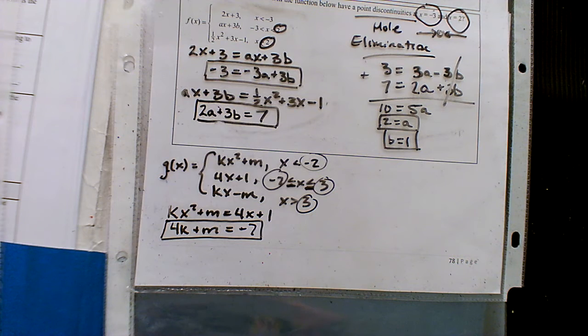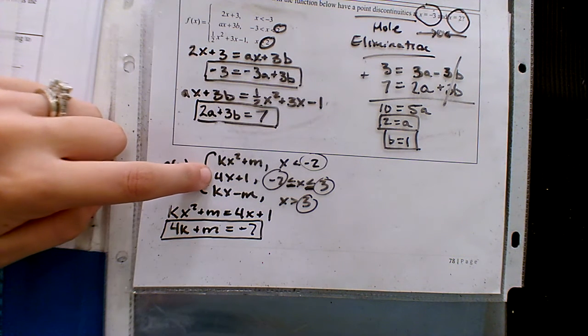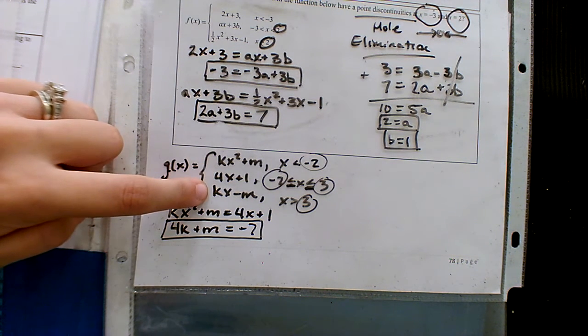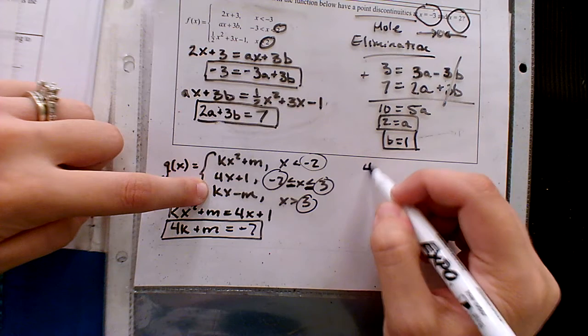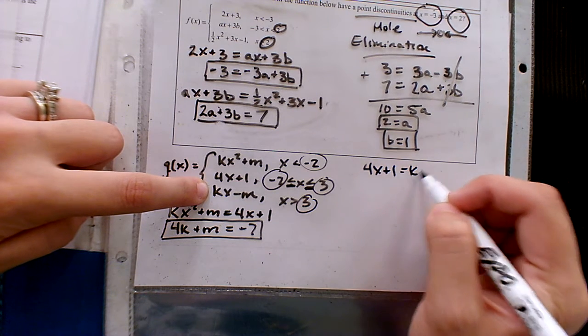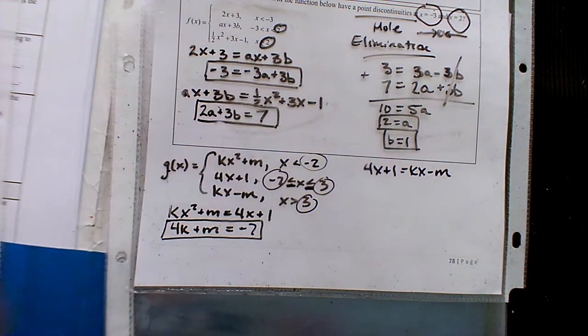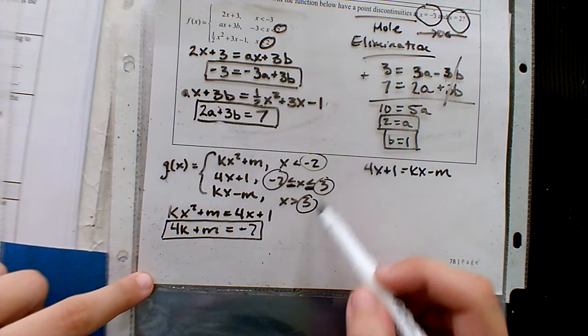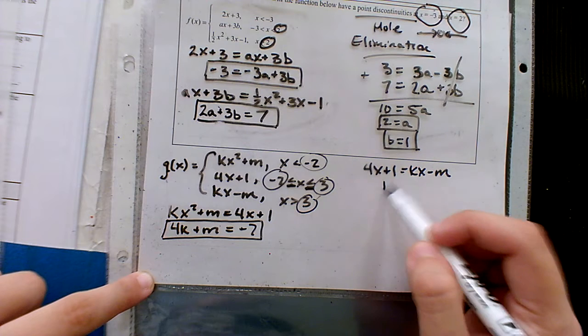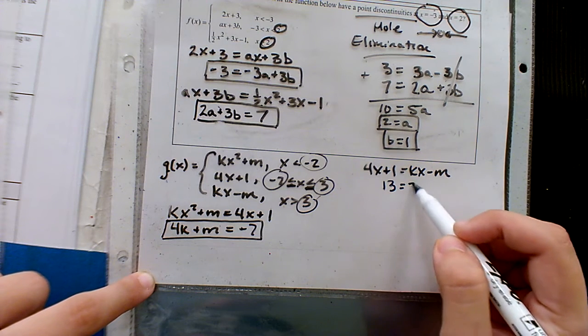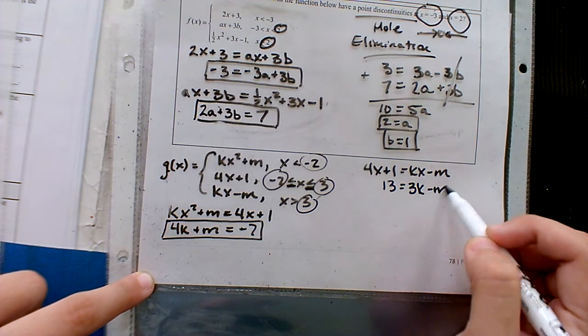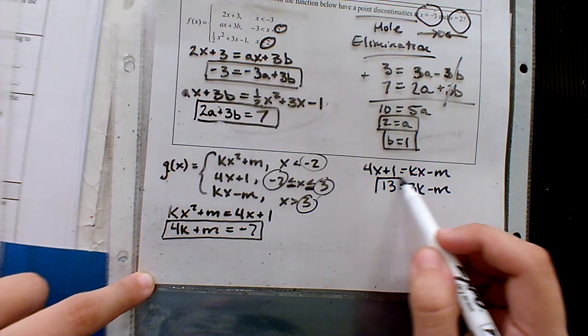So when the left side and the right side meet up there, we would want the middle equation to equal the 3rd equation. Again, we're trying to figure out K and M, so if we could get rid of X, that would be great. We can plug in 3 to get 13 equals 3K minus M.